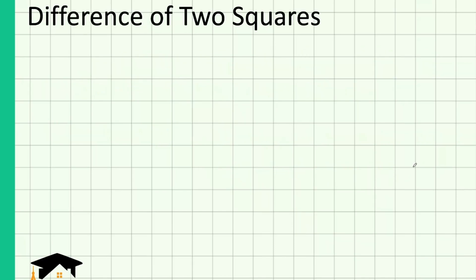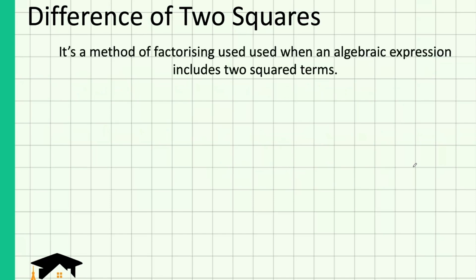Now let's work on the difference of two squares. It's a method of factorizing used when an algebraic expression includes two square terms. This is the factorization, whenever we have one number squared minus another number squared. We can factorize it as a plus b times a minus b.